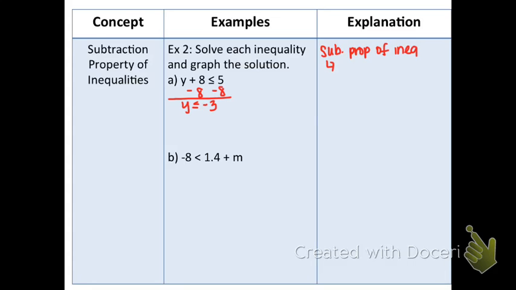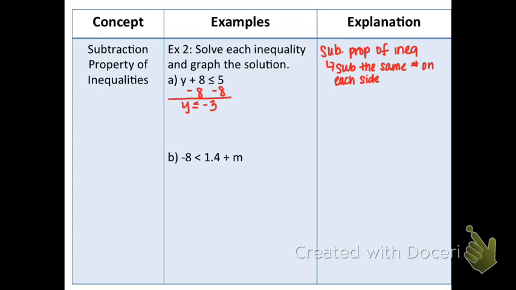So I'm subtracting the same number on, not of, on each side. Very, very similar to equations. So hopefully this process isn't throwing you guys off.